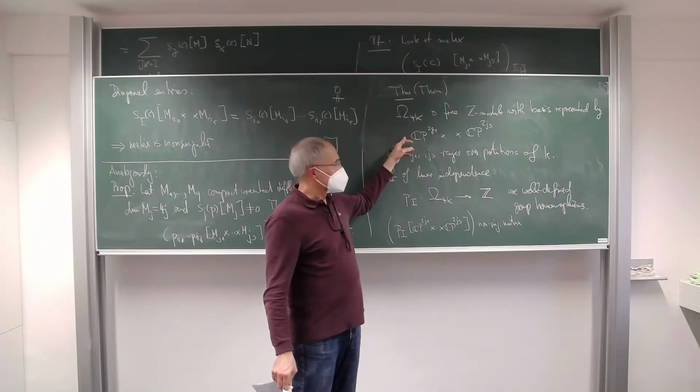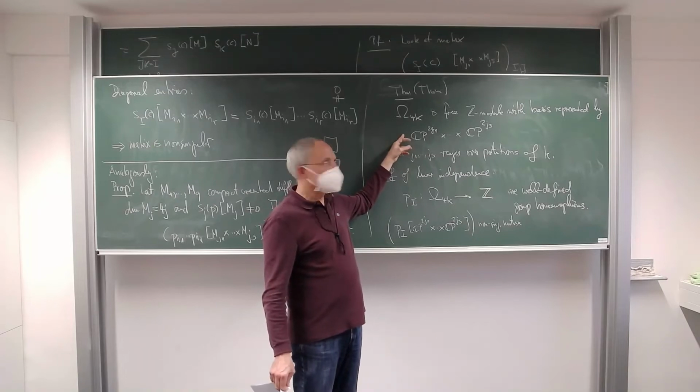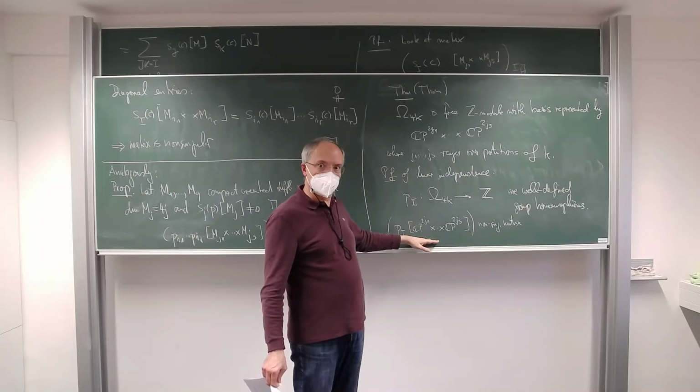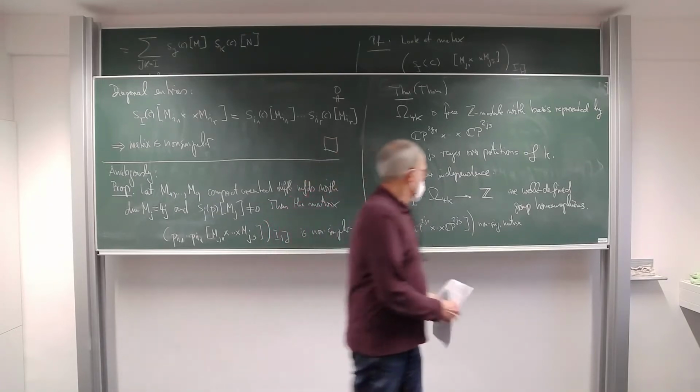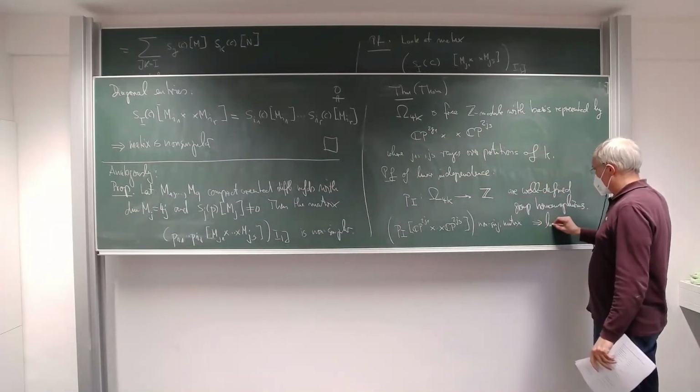Because if there was a non-trivial linear relation between these classes, then we would have a corresponding relation between the rows of this matrix, and it would be a singular matrix. So therefore we have linear independence.